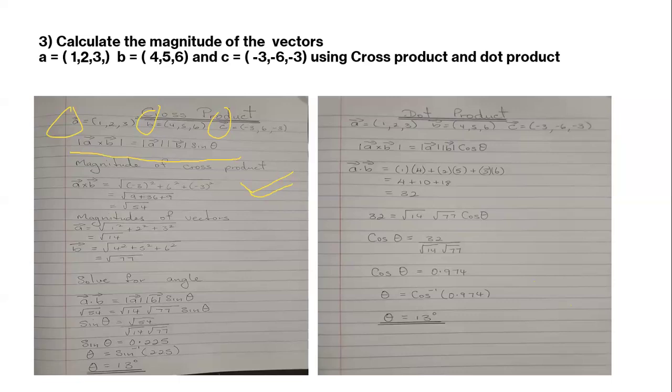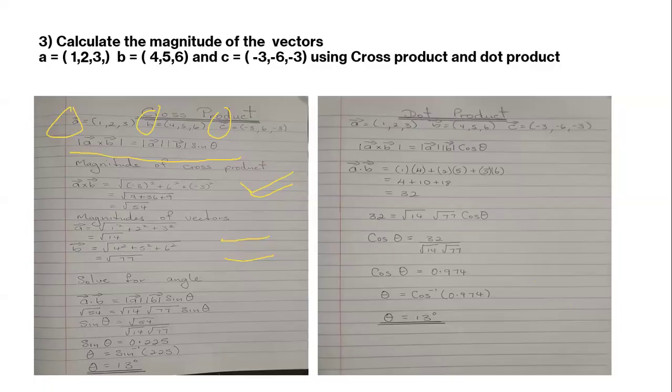Then we find the magnitude of vector A and vector B. My bad. The magnitude of vector A is root 14, and the magnitude of vector B is root 77.